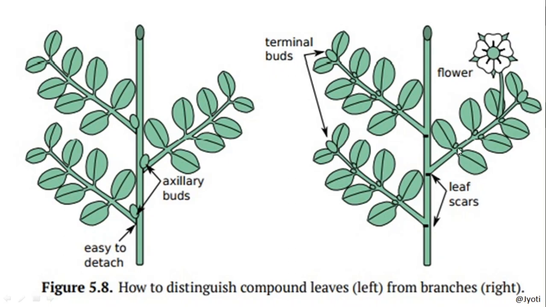Here you can see these are the axillary buds. And the branch again develops a terminal bud. Each branch has a terminal bud. But in the compound leaf, you do not find a terminal bud in the terminal part of the rachis. Only you will find the axillary bud at the base of the whole compound leaf.